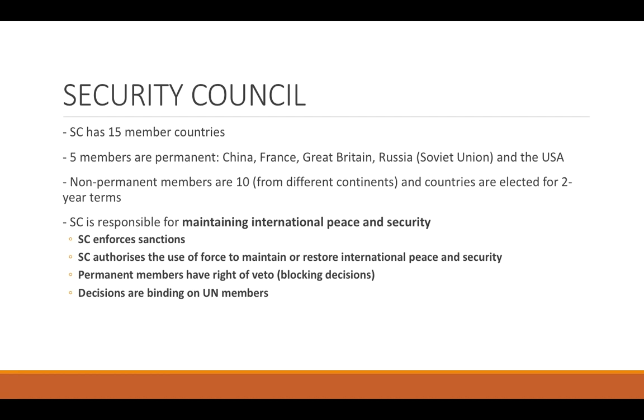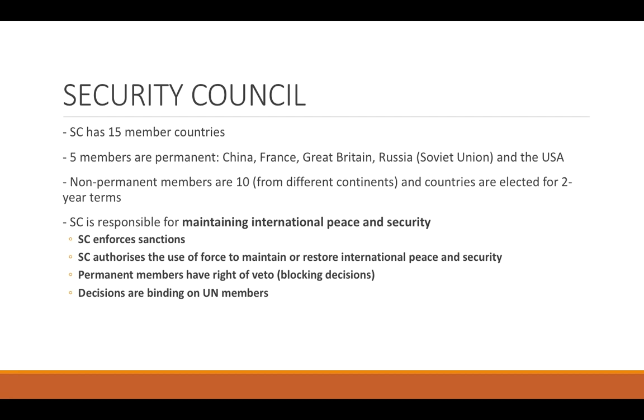Let's look at the Security Council. The Security Council is a limited club. It has only 15 members, out of which 5 members are permanent. China, France, Great Britain, Russia, in the times of the Cold War it was the Soviet Union, and the United States of America. Now, if you compare it to the League of Nations permanent members in the Council, if you remember, it was Britain, France, Japan, and Italy.